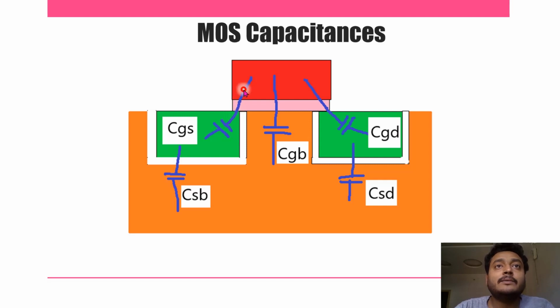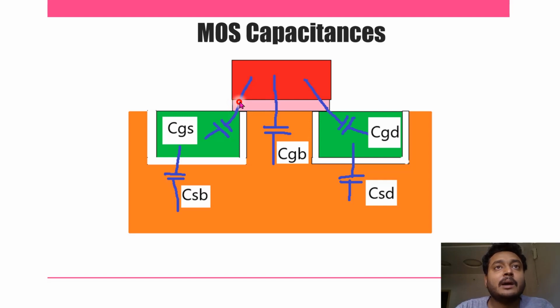If there is overlapping here and similarly here, there is a conductor, a semiconductor, right? So there is a conducting material here, conducting material here, and below the gate you have silicon dioxide, which is a dielectric material.